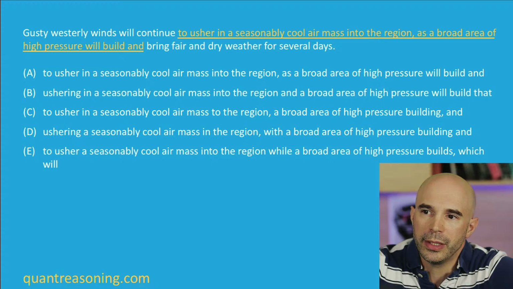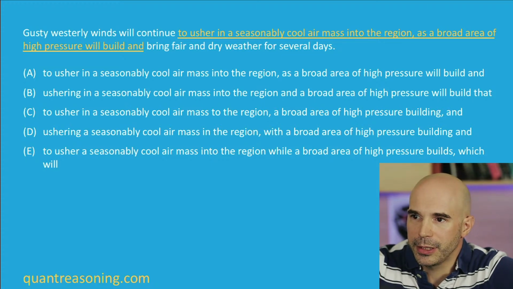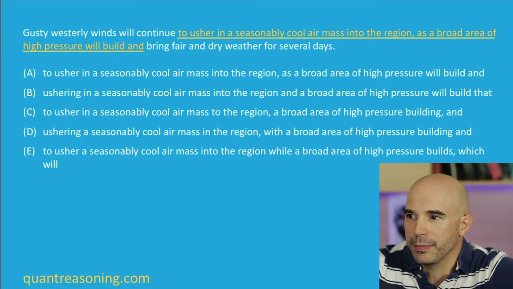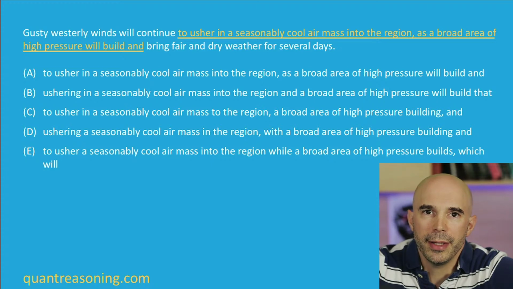Gusty westerly winds will continue to usher in a seasonably cool air mass into the region. You see that? They're repeating the word "in" for no apparent reason. It's redundant. To usher in, into the region. Okay, so I'm making a mental note of that.